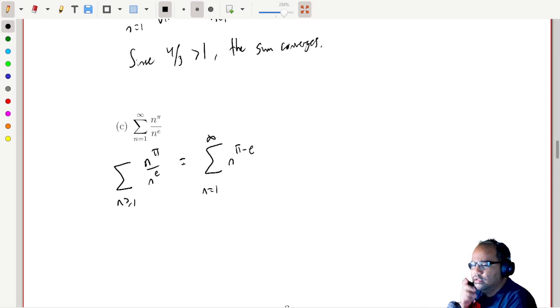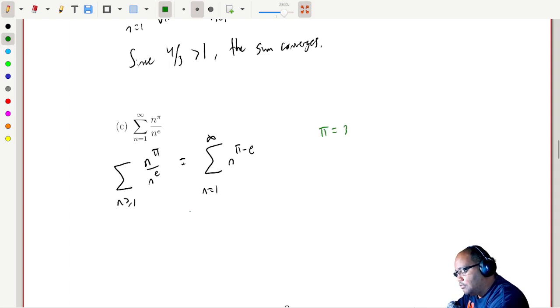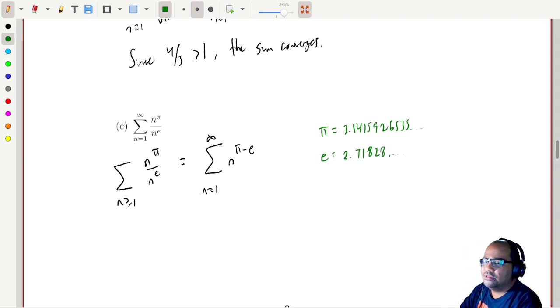Do I know something about those numbers? Remember, pi is 3.14159265535 and so on, and e is 2.71828 and so on.